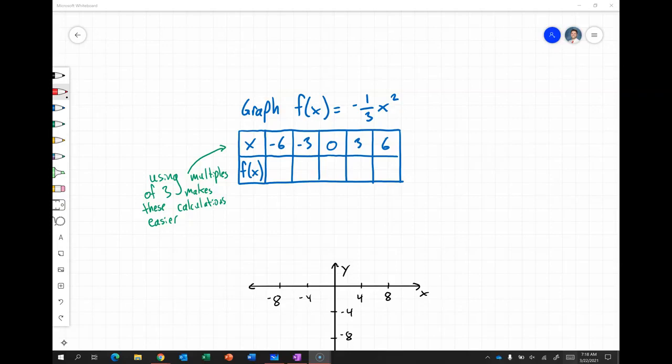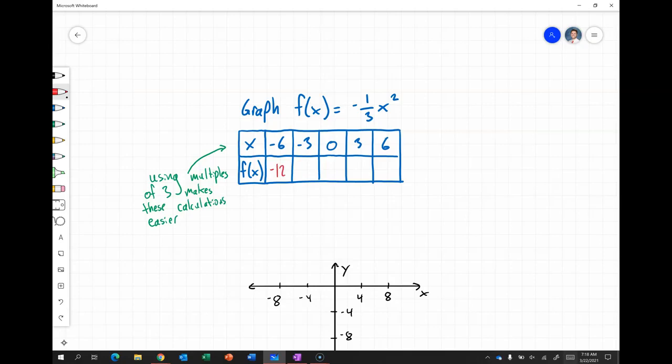So we start with negative 6. So we've got negative 6 squared, which is going to be 36. And then negative 1/3 times 36 will give us negative 12.